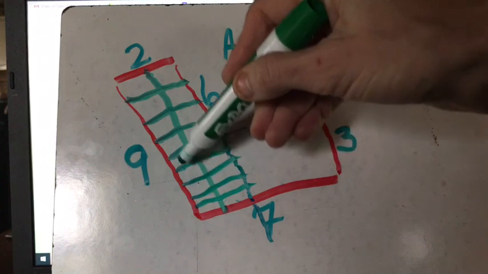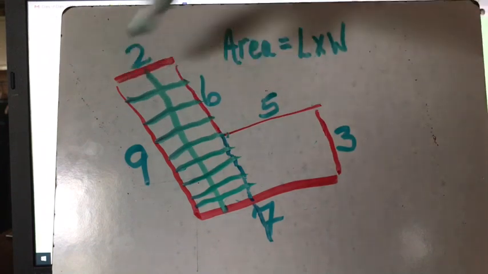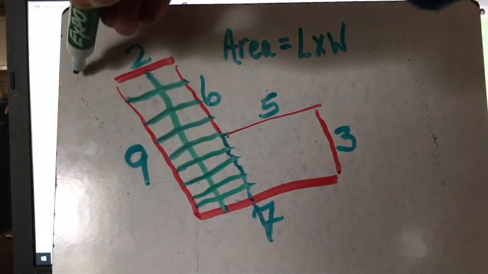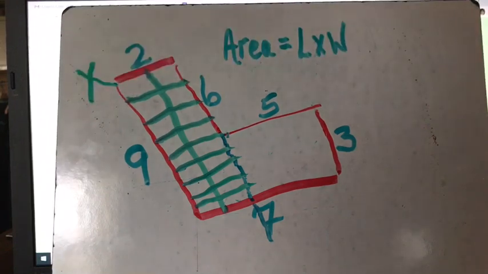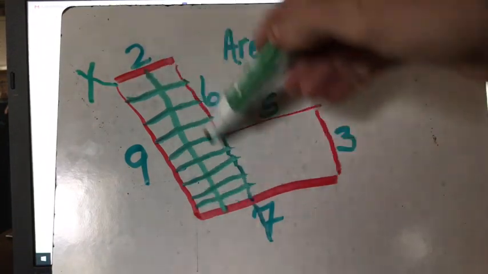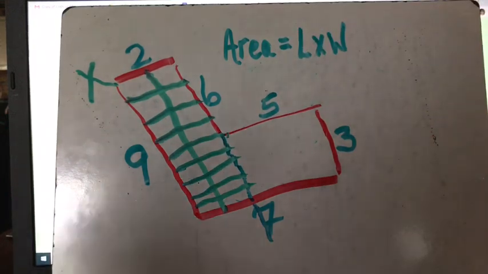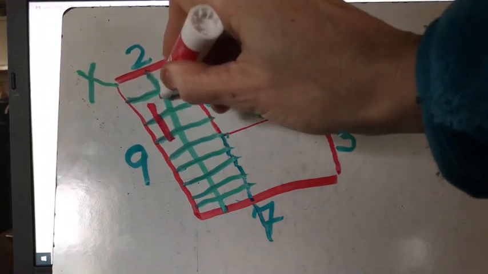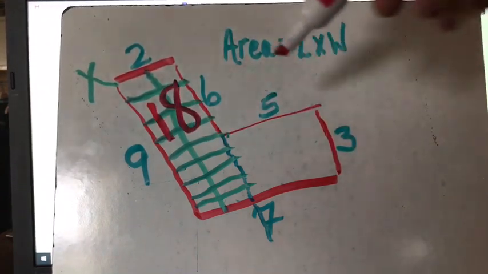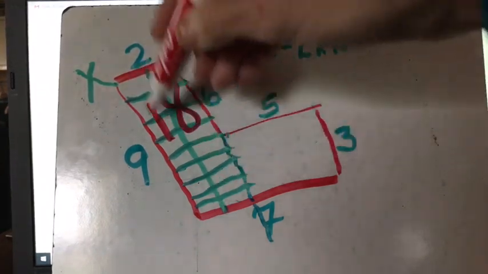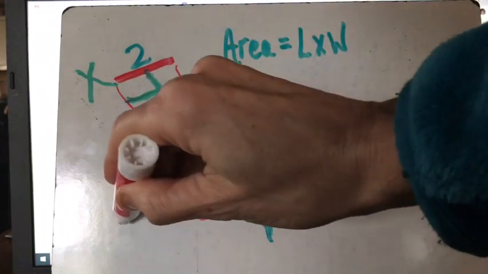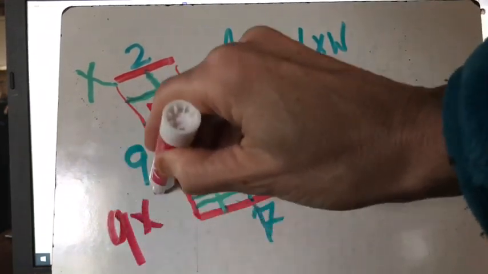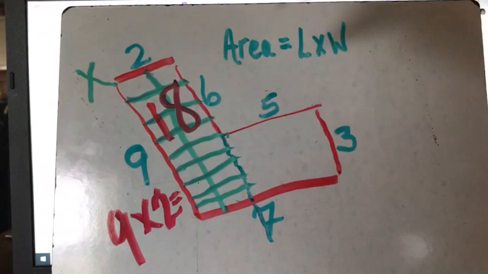So this 2 by 9 or 9 by 2, 9 times 2, I have 18 as the area here. All right, I can either count the blocks inside the array, or I can do 9 times 2 equals 18.